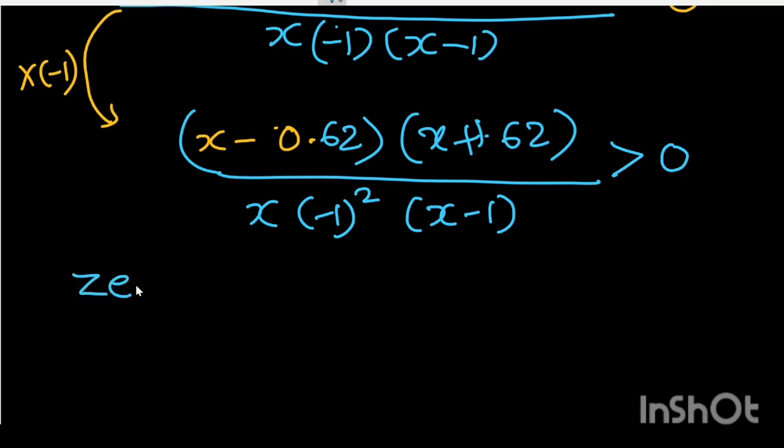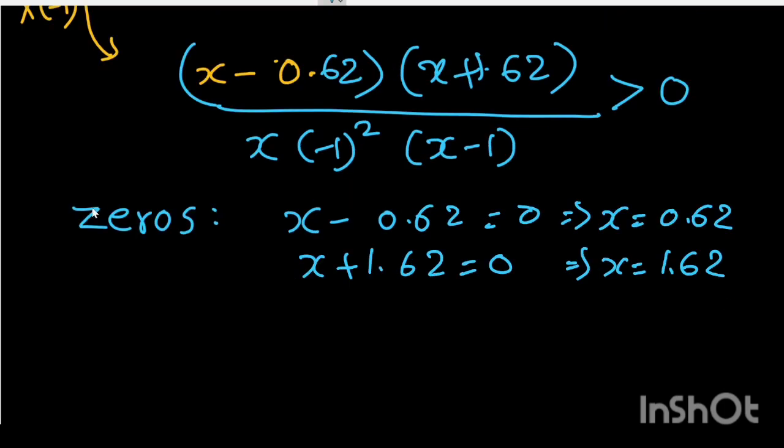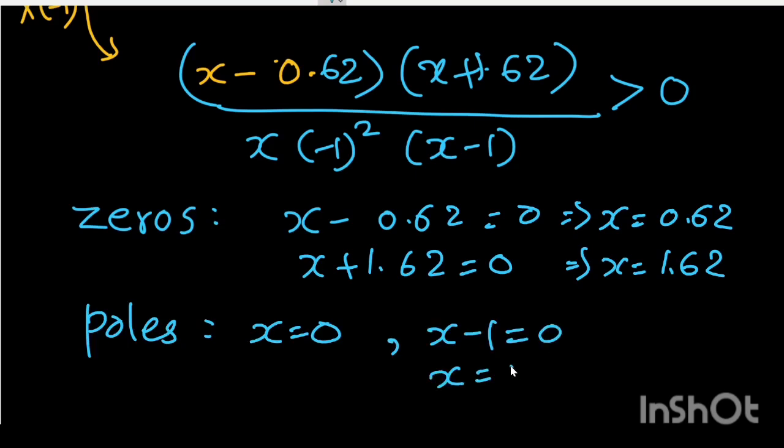Okay, now we can plot the zeros. The zeros are x minus 0.62 equals to 0 and x plus 1.62 equals to 0, so x equals to 0.62 and x equals to minus 1.62. The pole is x minus 1 equals to 0, which is x equals to 1, and x equals to 0.